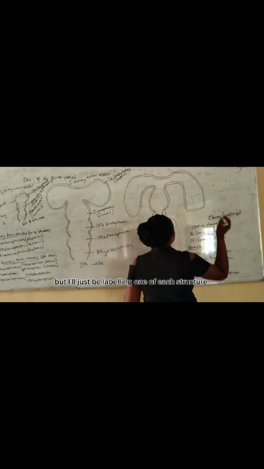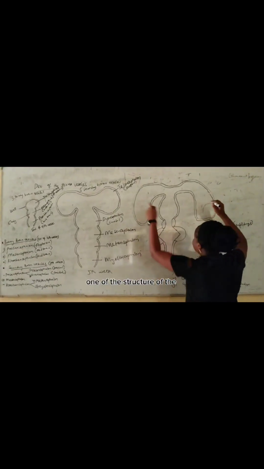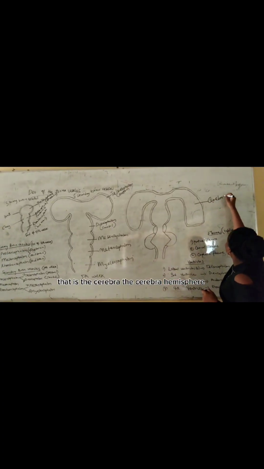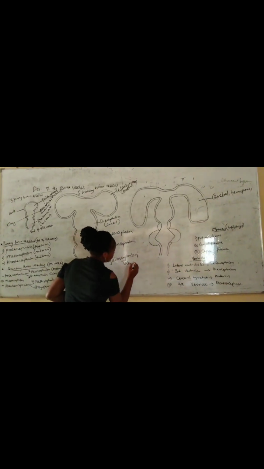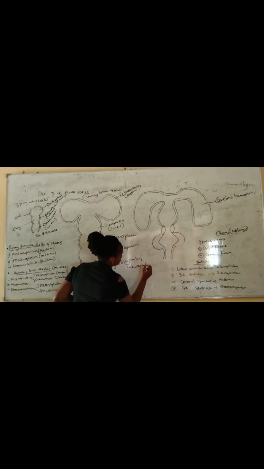But I'll just be labeling one of each structure. One of the structures of the Telencephalon is the cerebral hemispheres. So I'm going to list the structures of the Telencephalon. We have the cerebral hemispheres.